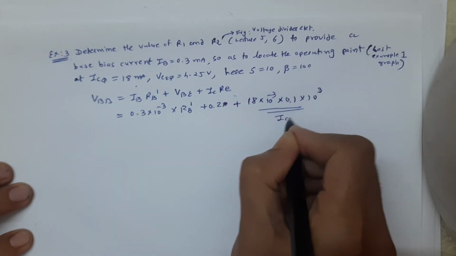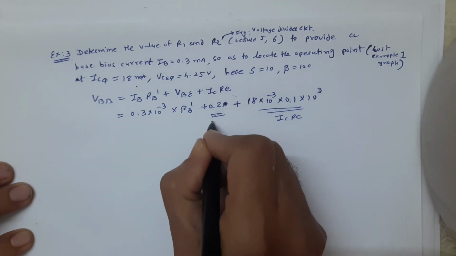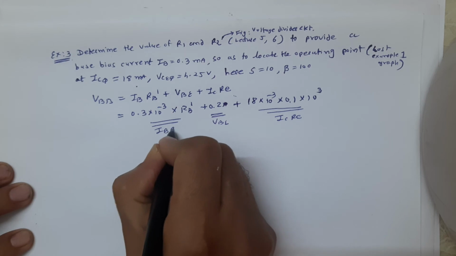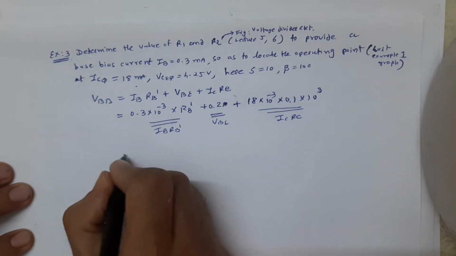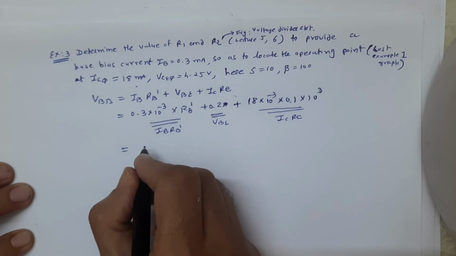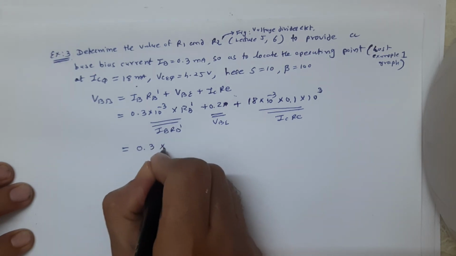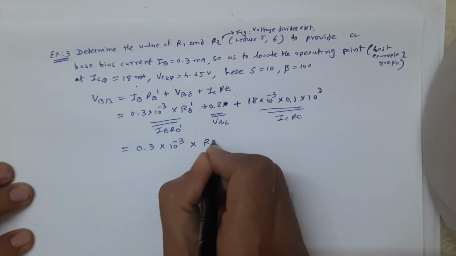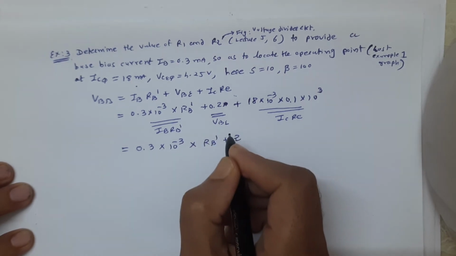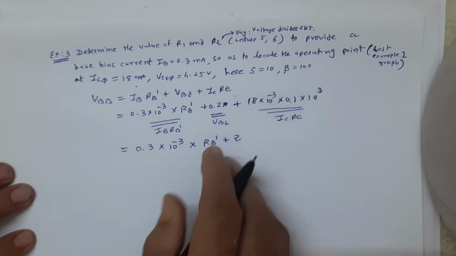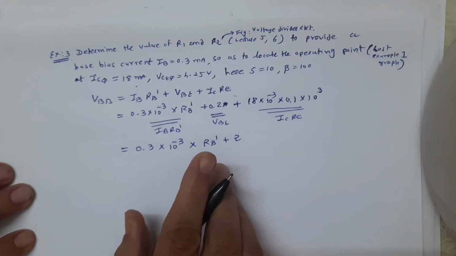This is nothing but ICRE, this is nothing but VBE, and this is nothing but IBRB dash. And this is equal to 0.3 into 10 raised to minus 3 into RB dash plus 2 into RB dash plus 2. This is as far as one can go without choosing a value of RB dash.